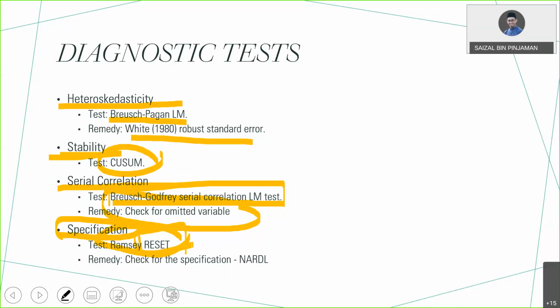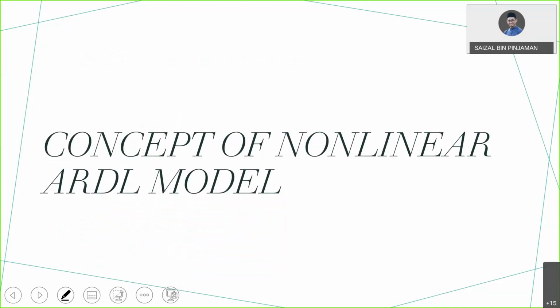If it helps to explain the response variable, it means that our model is incorrectly specified, so we have to use a nonlinear combination then. Here you can see that if we have misspecification, then we need to check whether we can conduct the NARDL itself, which leads to the concept of the nonlinear ARDL model.